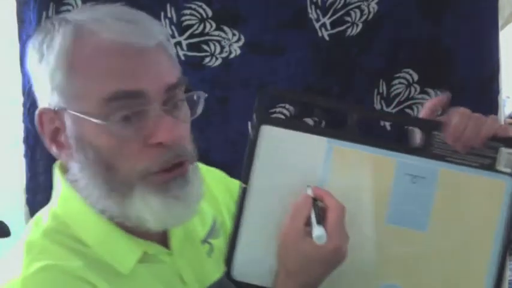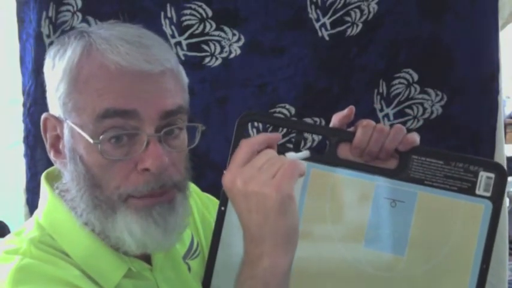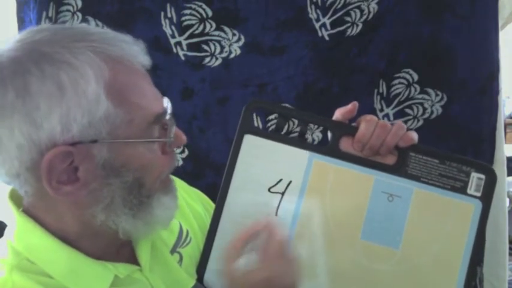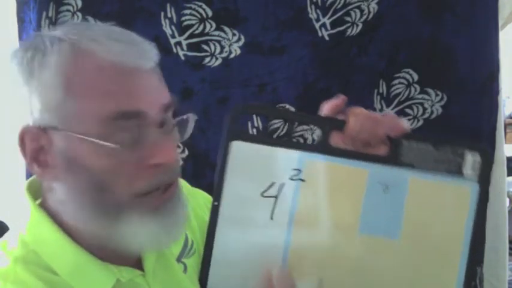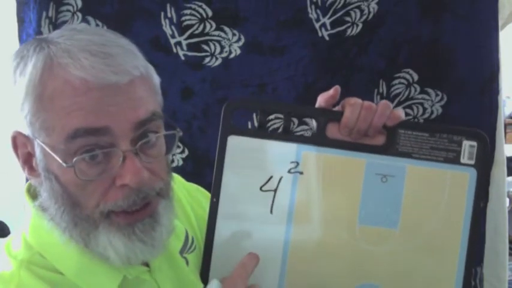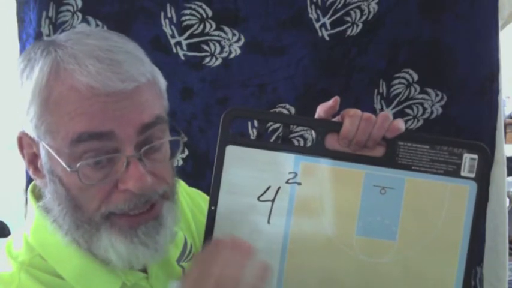So squaring something, I have my little black pen here that I want to try and show you. If I want to square something, that's when you see a number with a little 2 up above it. So if I have 4 with the little 2 up top, that's 4 squared. And that simply means multiply the number by itself.